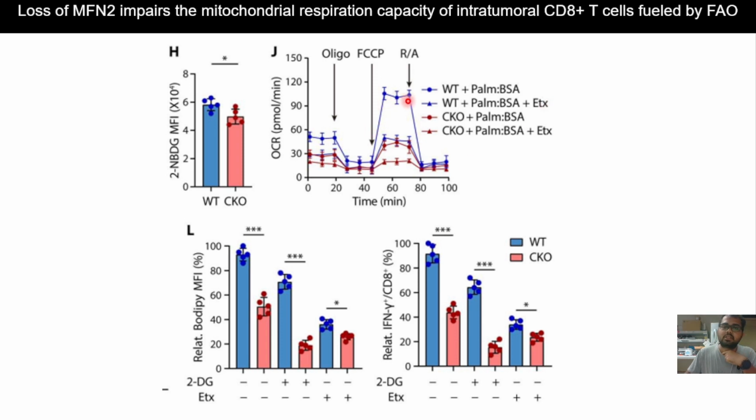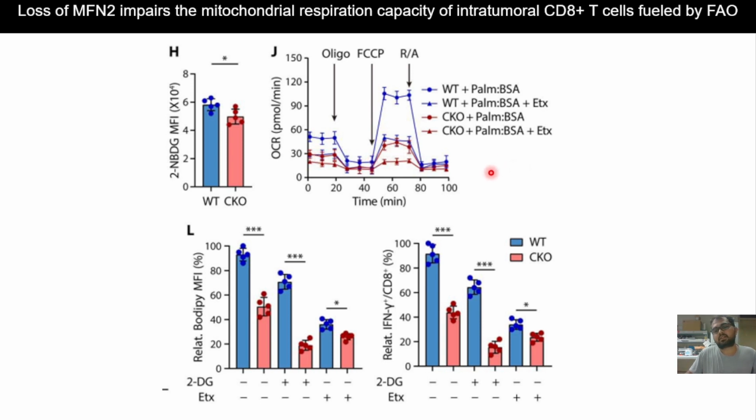If you see, this is the wild type. When this inhibitor of CPT1 was given, the maximal and basal oxygen consumption rates go down. Here you can see it goes down compared to the knockout. You can see the knockout and the ETX treated cells have almost comparable oxygen consumption rates, both basal and maximal.